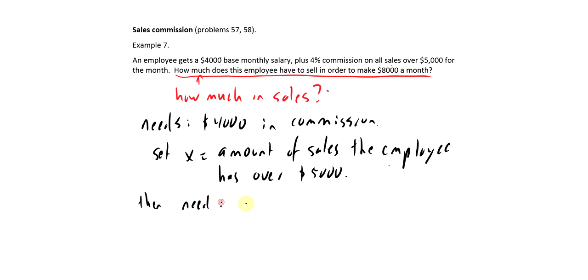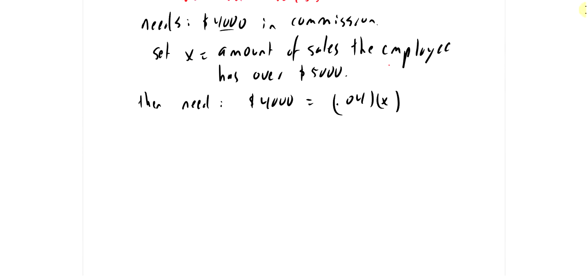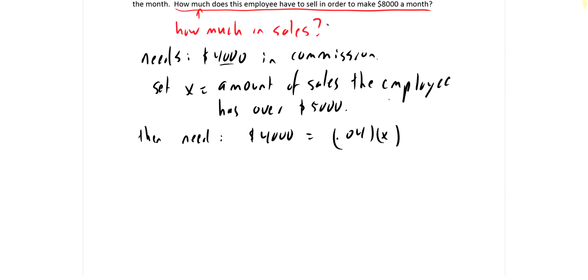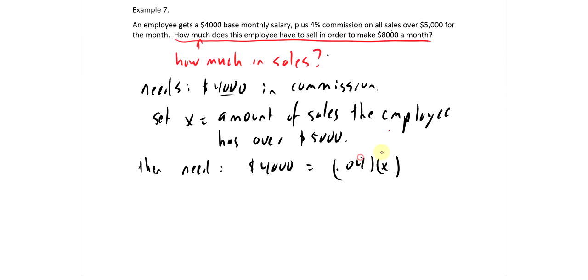They need $4,000, right? Because that's how much they need to be 0.04x. This is their commission. So they get 4% of how much they sell over 5,000. So 0.04 times X, the amount that they sell over 5,000, is how much they make.